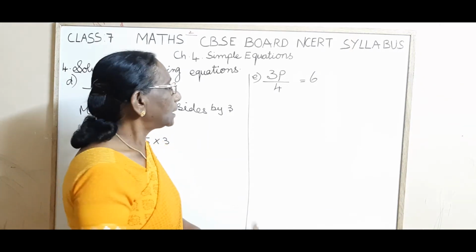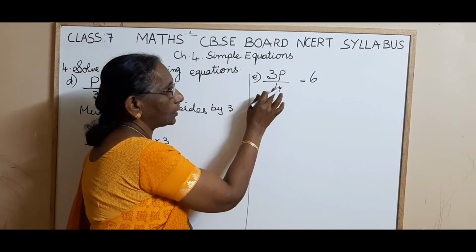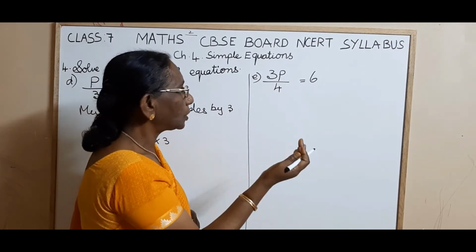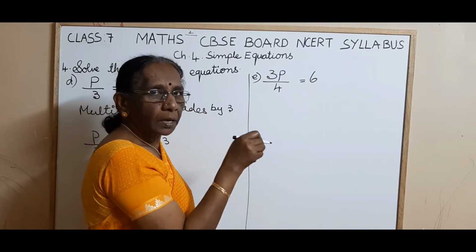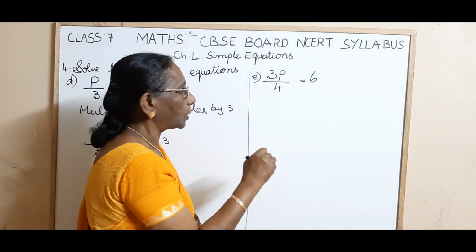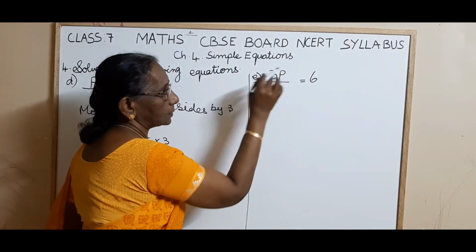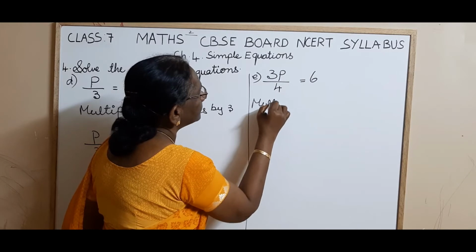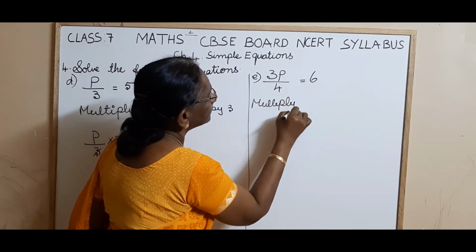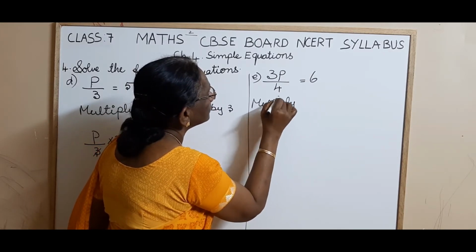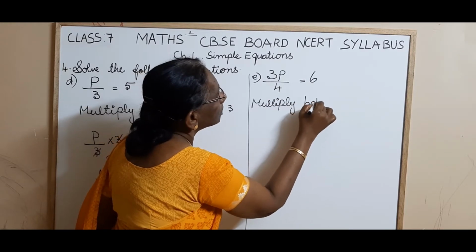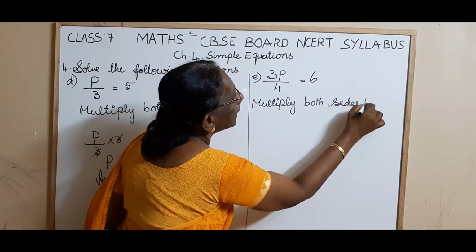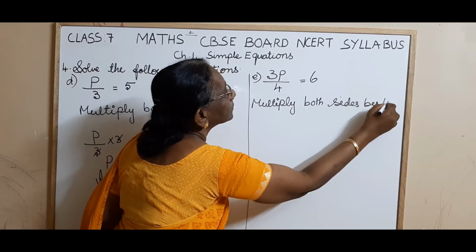Okay children, now here we have to eliminate 4 first. So it is 3p divided by 4. What should we do? We have to apply the inverse operation, that is the opposite operation. The opposite of division is multiplication. So we have to multiply both sides by 4.